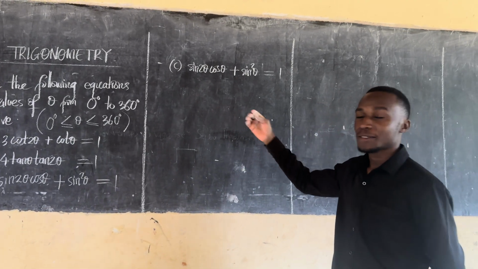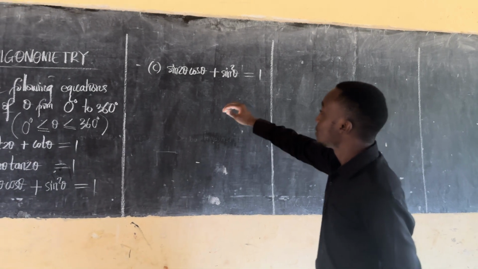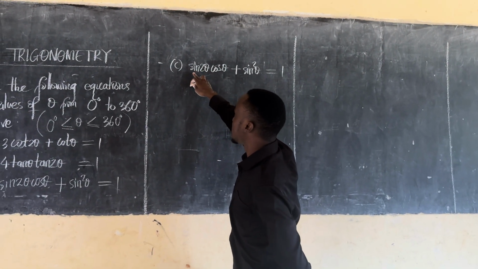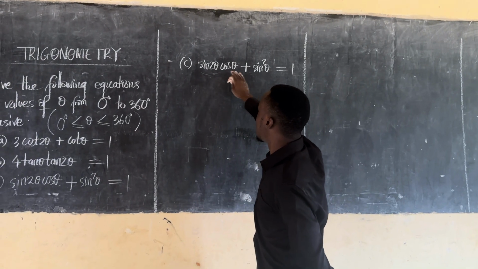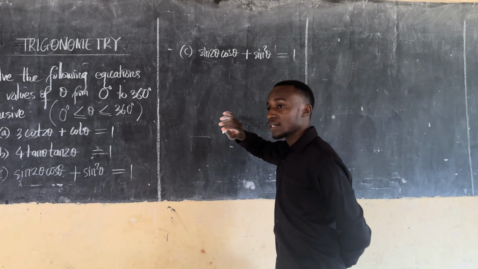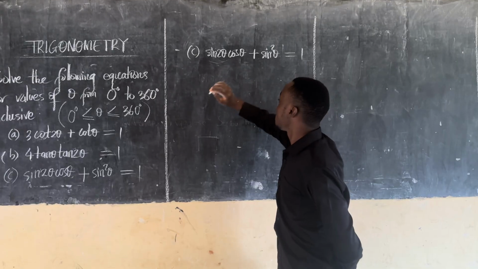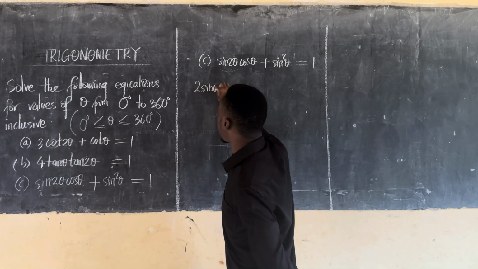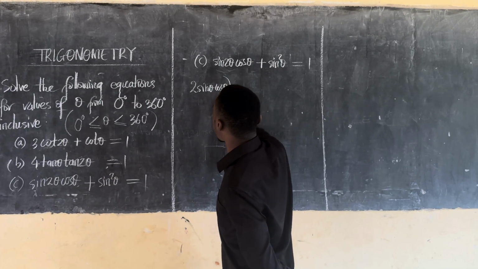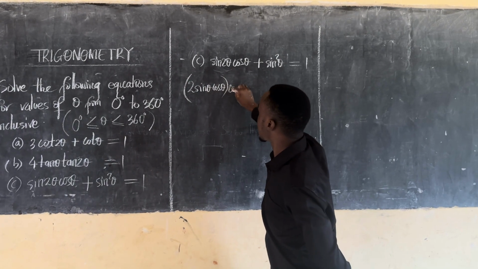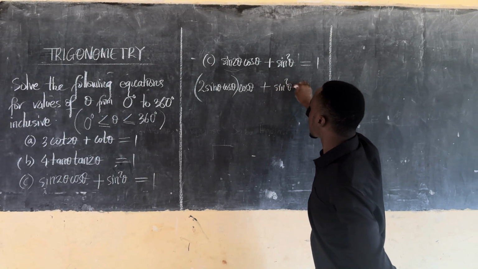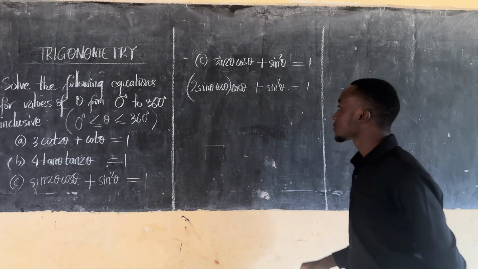Now this is our part C, and for it we shall realize that we are having a double angle here, and these ones are having a single angle, so just theta. So we shall have to change this into 2 sin theta cos theta, and the cos theta is still there, plus sine squared theta equal to 1.